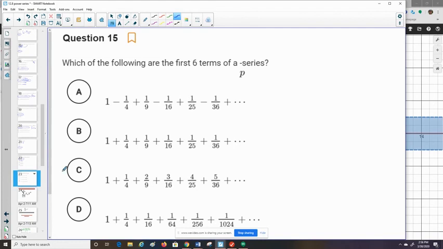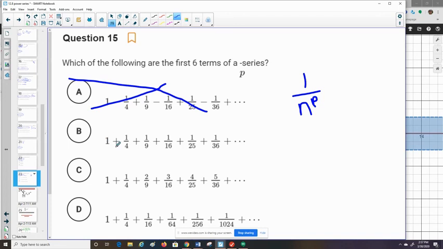And then finally wrapping things up, which of these are the first 6 terms of a p-series? We're looking for something of the form 1 over n to the p power. As I look at the first one, it's alternating, so that wouldn't count as a p-series. This one is the same, except it's not alternating.